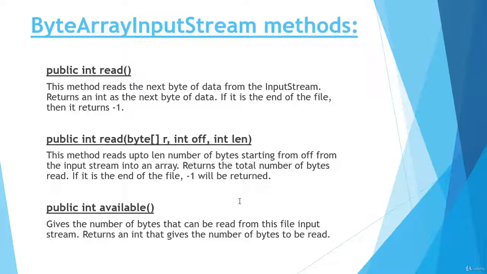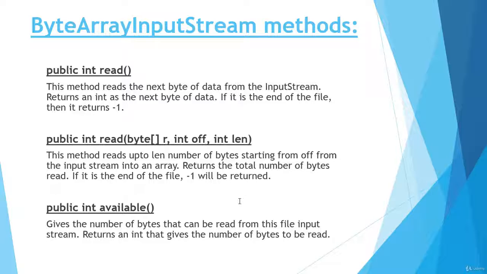Next, we have the overloaded version of the read method, in which you have 3 parameters. This method reads up to len number of bytes starting from the off from the input stream into an array. It returns the total number of bytes read. If it is the end of the file, -1 will be returned.